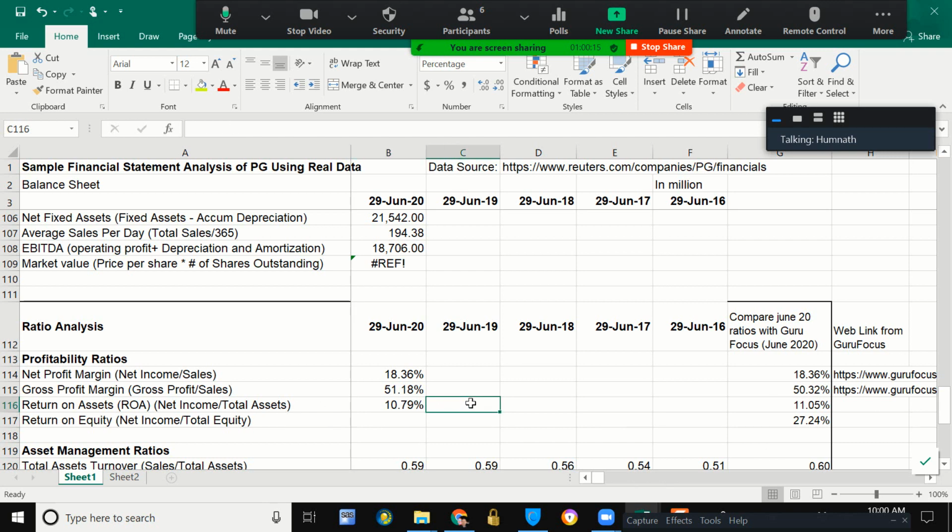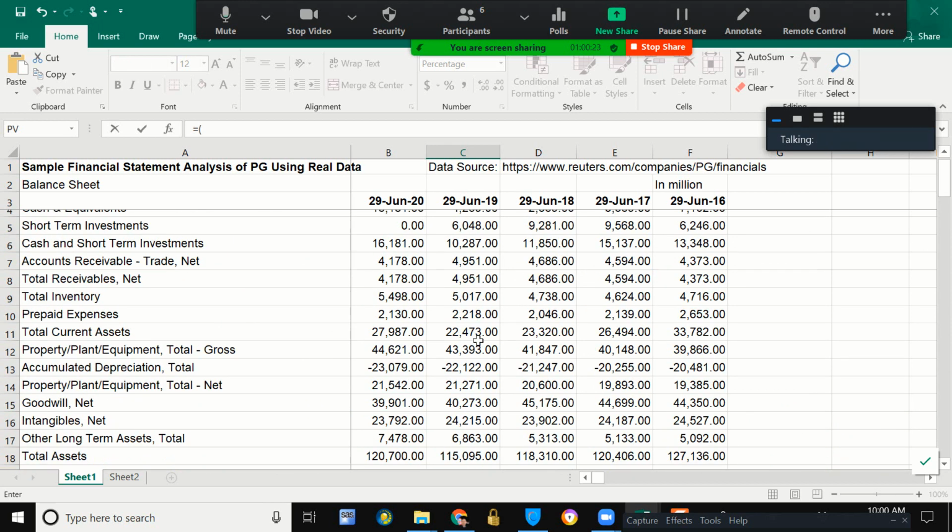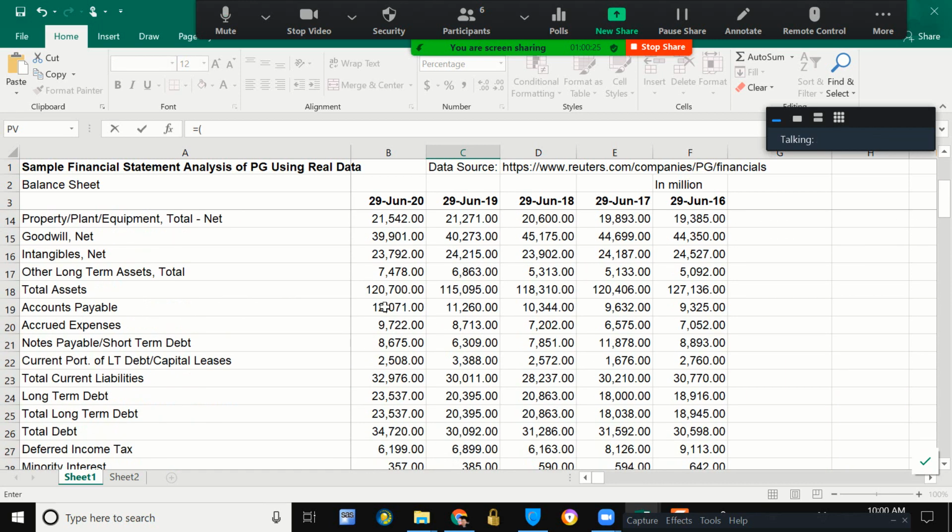So how do you do average total assets? Actually I'll show you. Let's do this one, total assets over here. Total assets is this plus the last year's one, and you divide by 2.